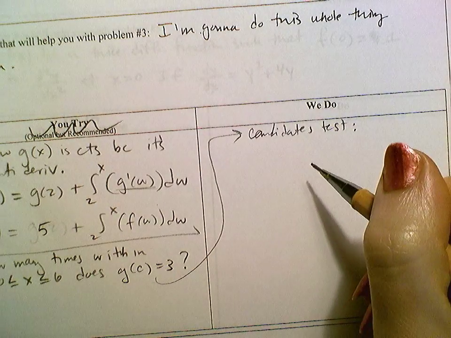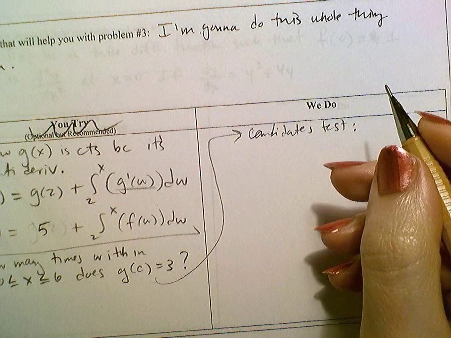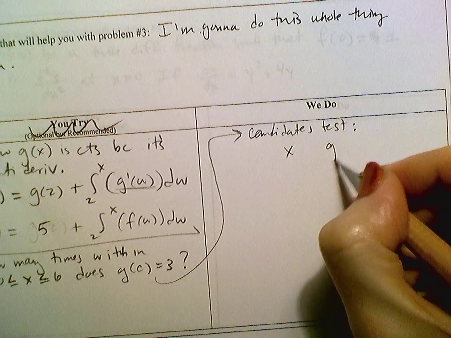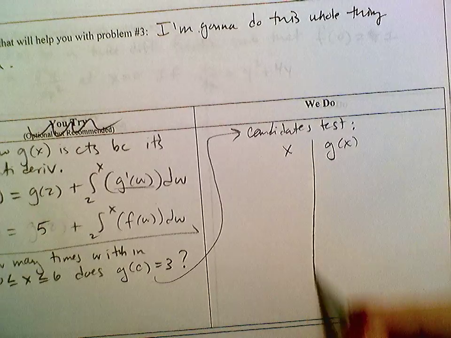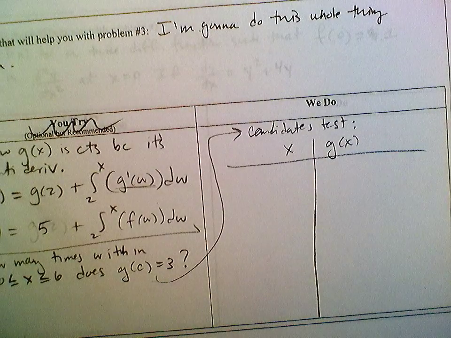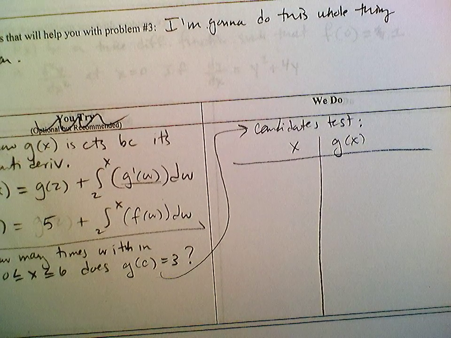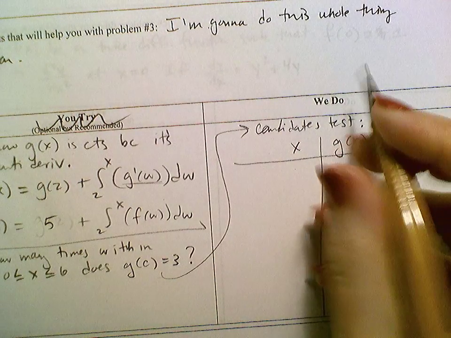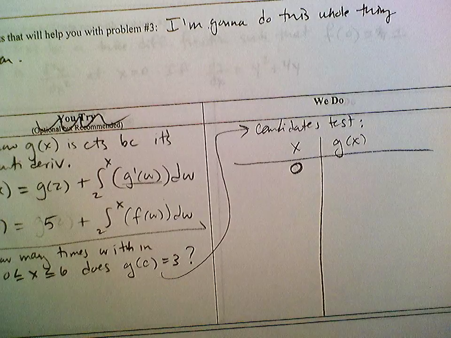All right, so I'm going to say, okay, so this is going to be x, and this is going to be g of x. Now, the endpoints are going to come first. So I'm going to have an endpoint. The first endpoint is 0.